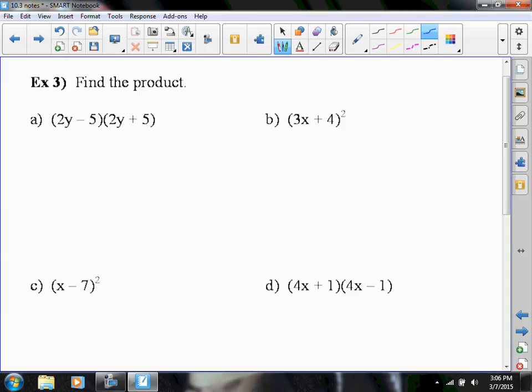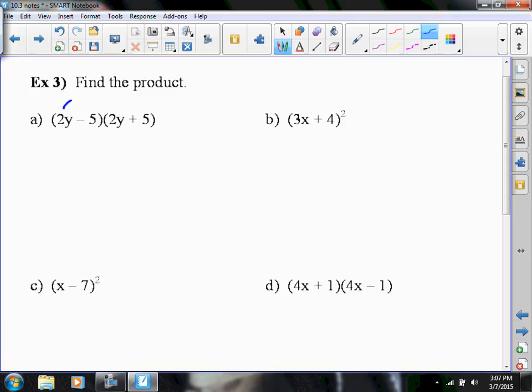Part A is 2y minus 5 times 2y plus 5. So it's the exact same thing in the parentheses, except one has a plus and one has a minus. So that's actually going to be our difference of two squares pattern. So that means I should end up with two terms that are being subtracted.